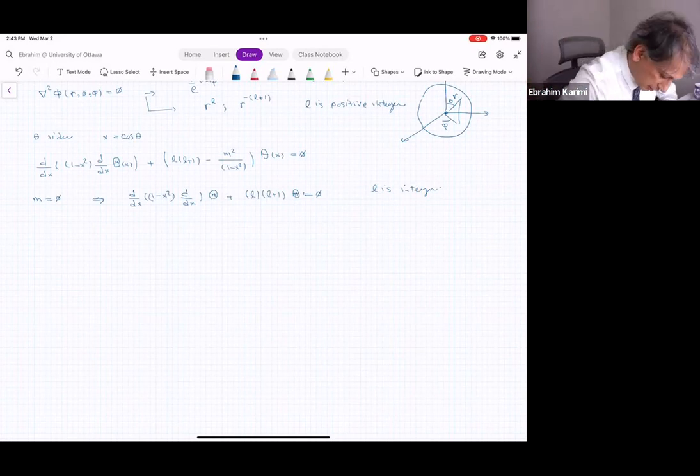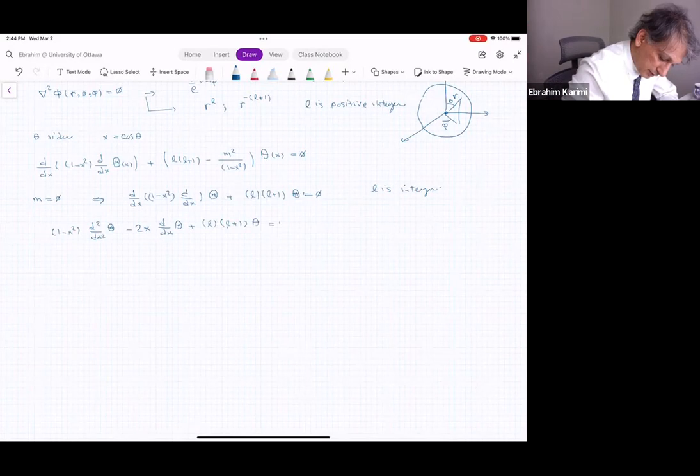So essentially here, if you do the expansion, then you will get 1 minus x squared d squared dx squared of Theta, and then we get minus 2x d dx of Theta, and then plus L times L plus 1 of Theta equal to 0.